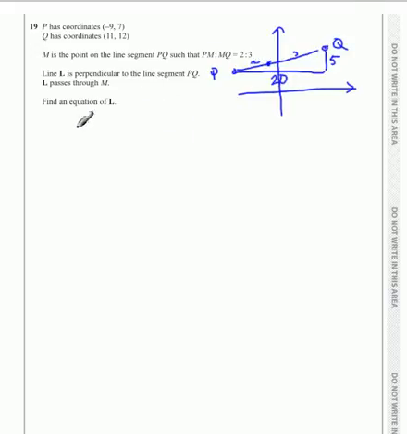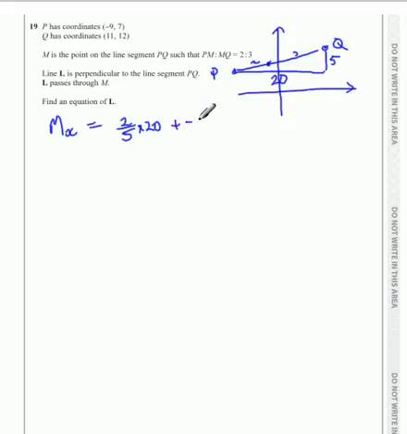So to find the point M, we can look at the x value to start with. That is going only 2 out of 5 along from here. So what we can do is 2/5 times by the 20, which is going in the x direction, and then add that on to the starting point with the x value.